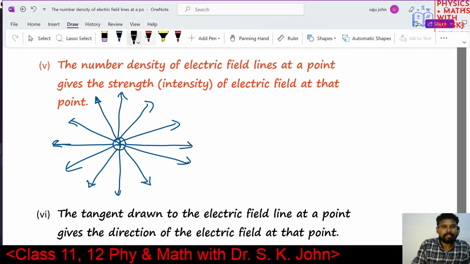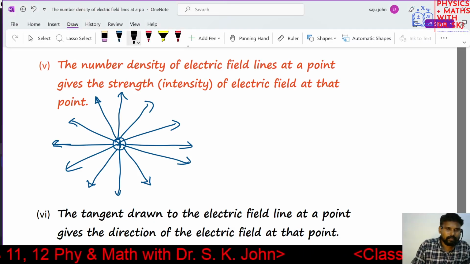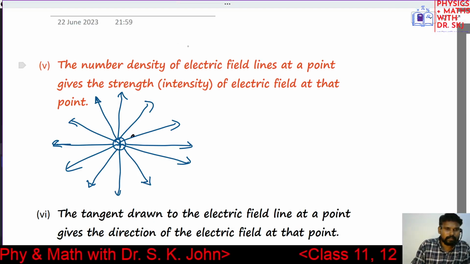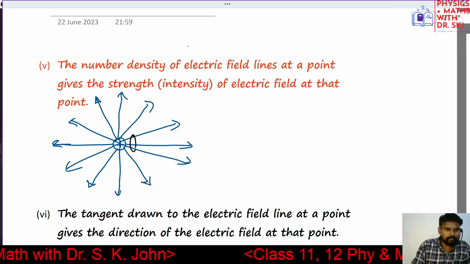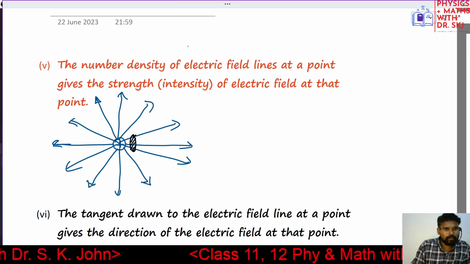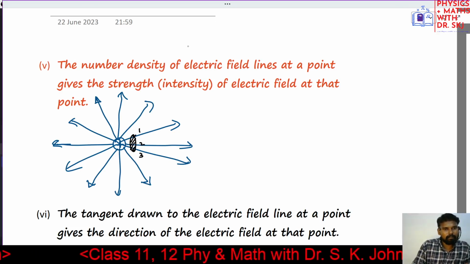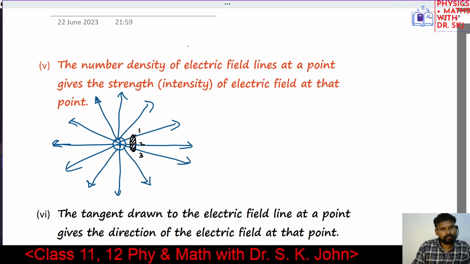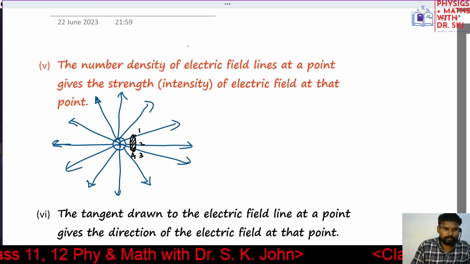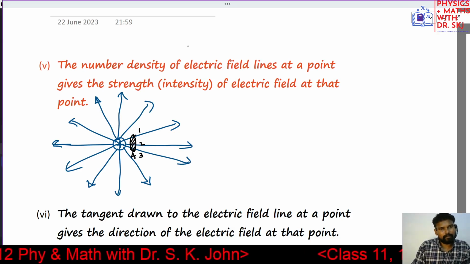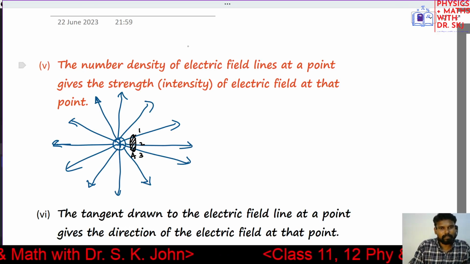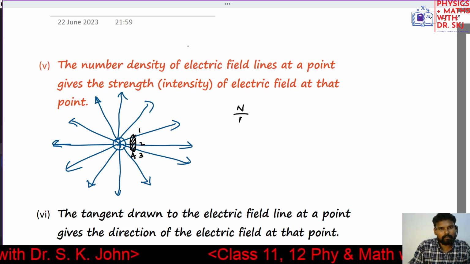Now, if you consider an area here, suppose this is a circular area here. Through that area, you can count 1, 2, 3 lines are passing through it. So the number density means the number of field lines passing divided by area.